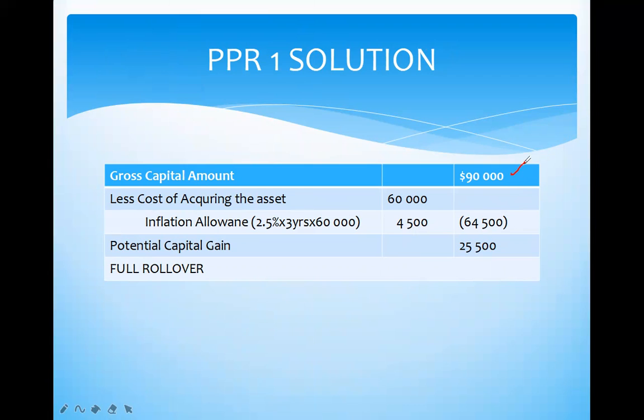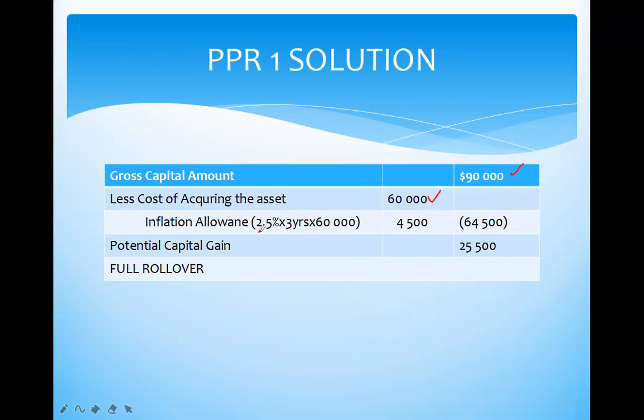Then we deduct all allowable cost. According to section 11, it tells you which costs you are supposed to deduct. In this case, we can deduct the 60,000, which is the cost of acquiring the asset. So this is the allowable deduction.